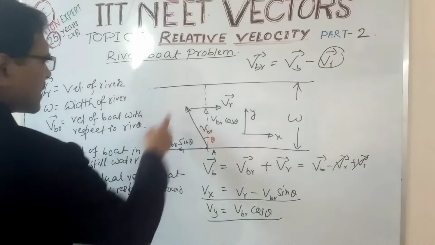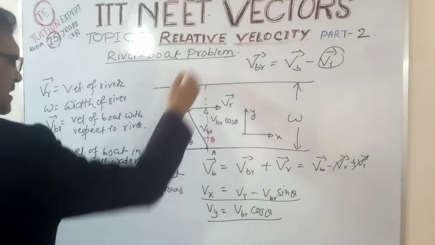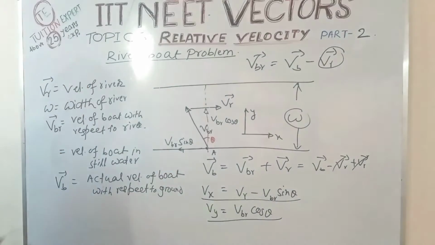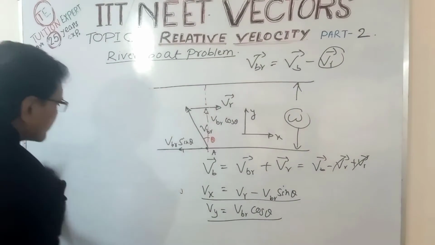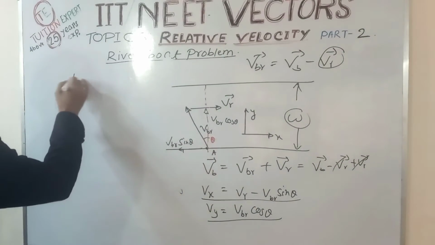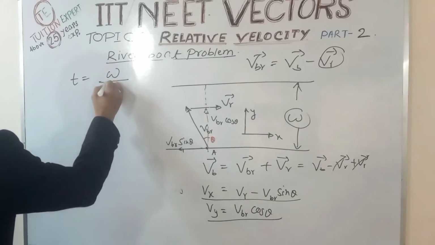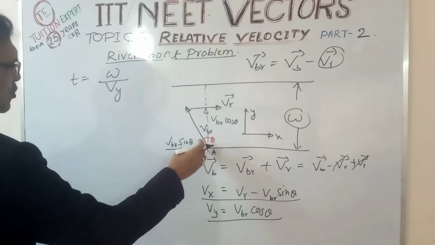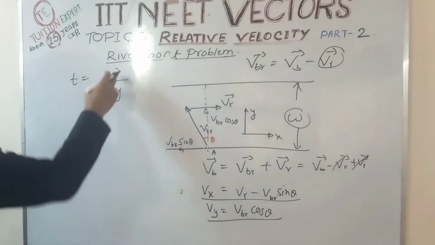Now to cross the river, we need the velocity along the y direction. Suppose this is W. What is the time taken to cross the river? The time taken to cross the river will be W by Vy, because to cross the river the boat should move along this direction.